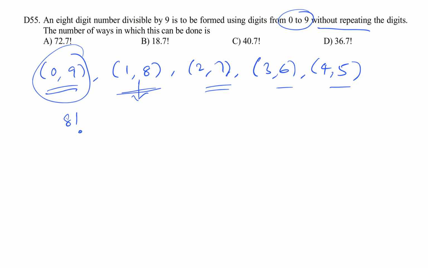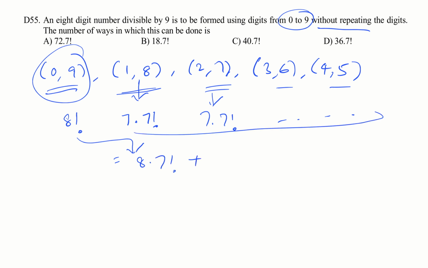Therefore the leading place can be filled in 7 ways, and the remaining 7 digits can be filled in the next 7 places in 7 factorial ways. Similarly, here also you get 7 into 7 factorial, and like that for the others. So it's going to be 8 into 7 factorial plus these 4 times 7 into 7 factorial, which means 28 into 7 factorial. So you are getting it as 36 into 7 factorial. Okay, let's go to the next problem.